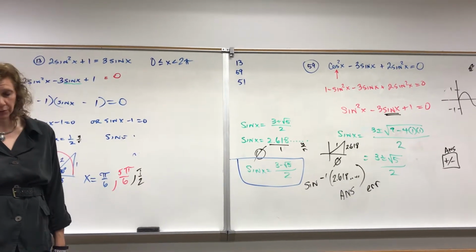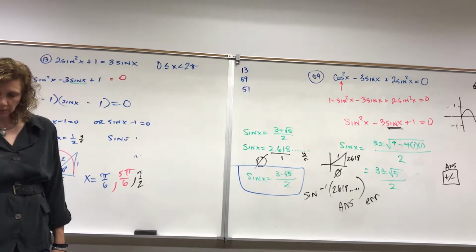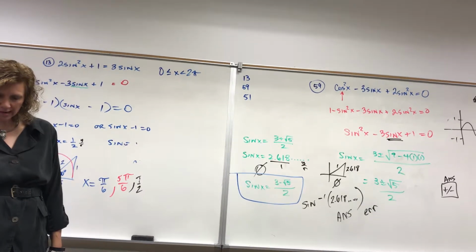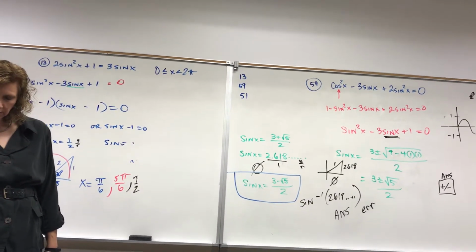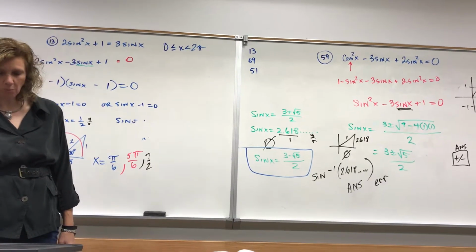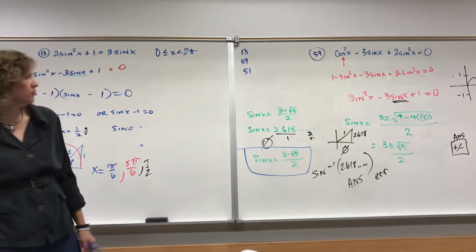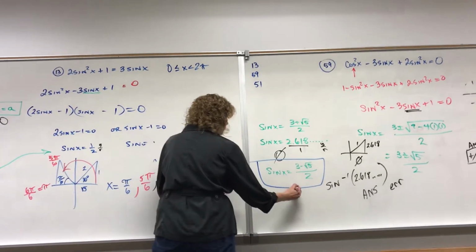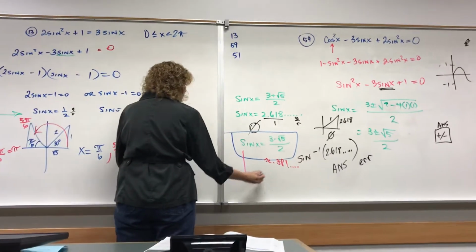Oh, it doesn't help if you don't type 5. 3 minus the square root of 5, divided by 2. So you're going to get some decimal, 0.381, blah, blah, blah.